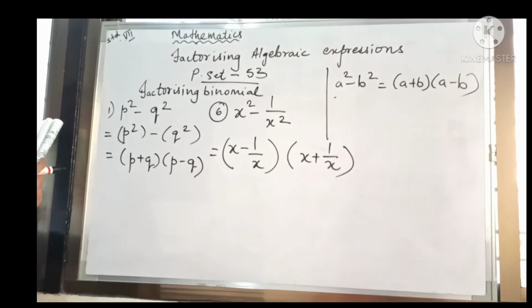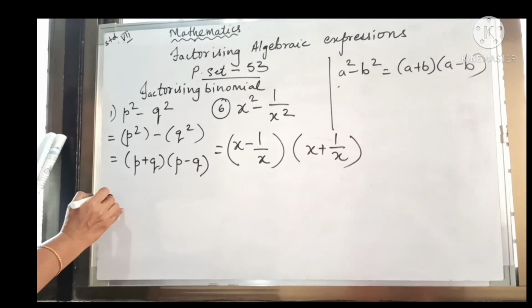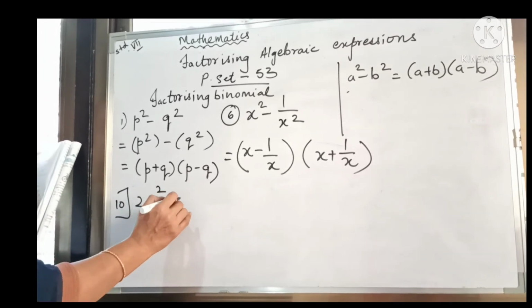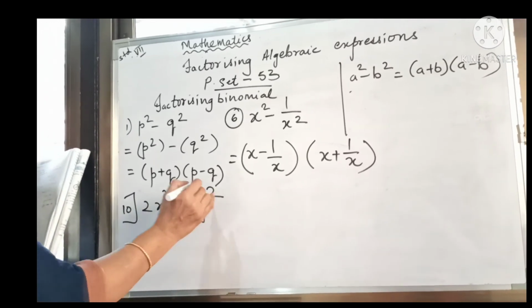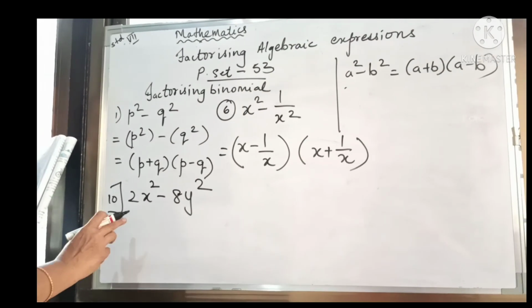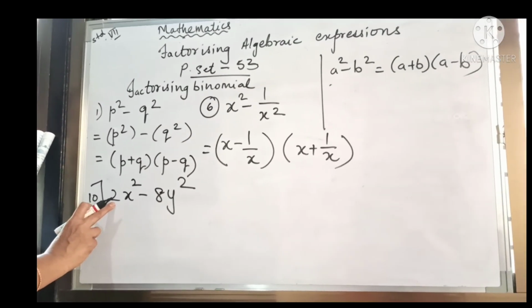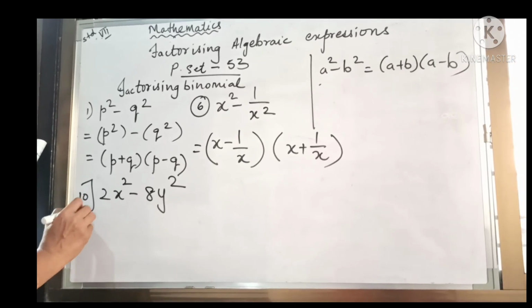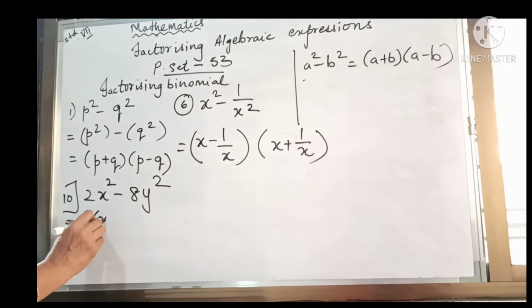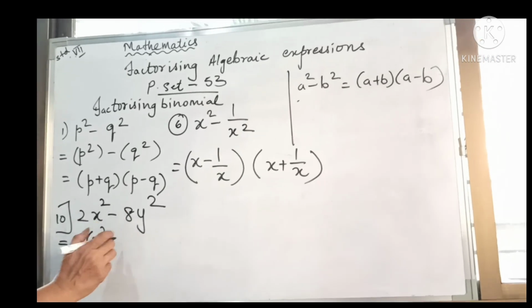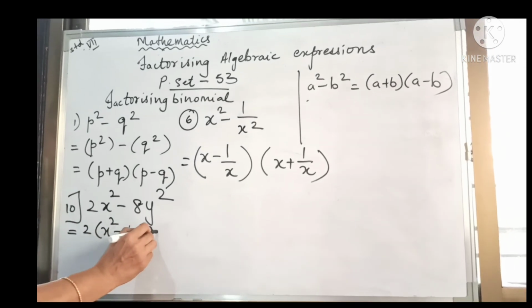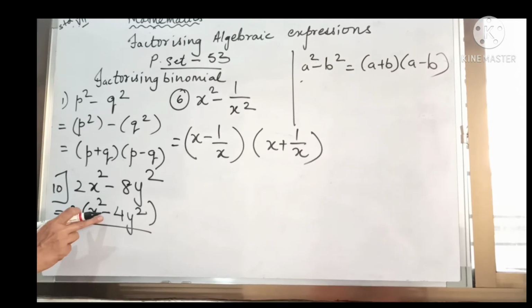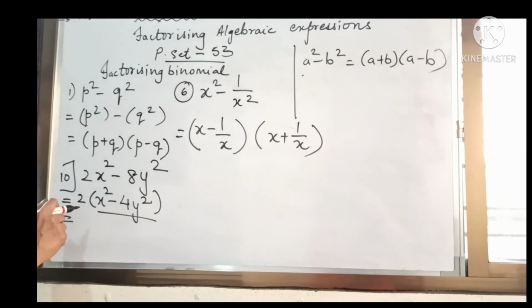Then the last sum we will solve, 2x square minus 8y square. So here you can take 2 common from this binomial. After taking 2 common, we get x square minus 4y square, since 2 fours are 8. Now you have to find the factors of this bracket.